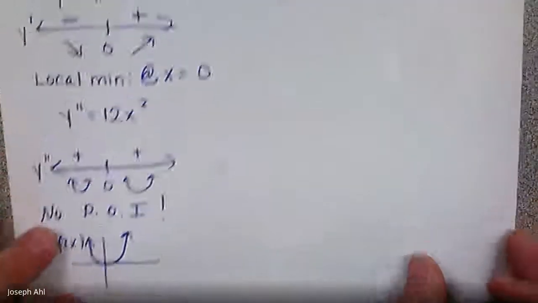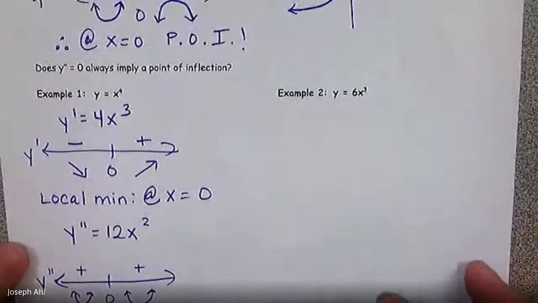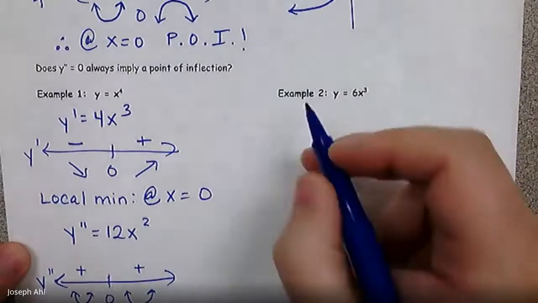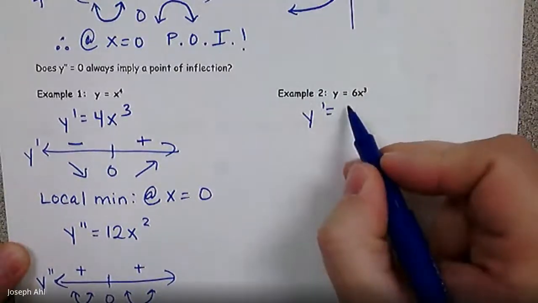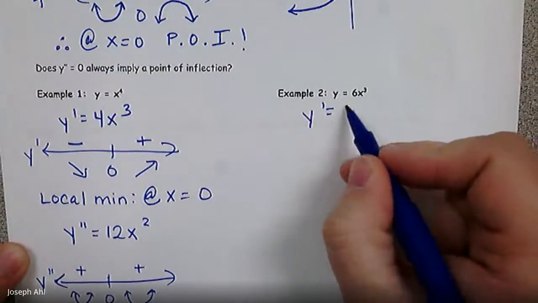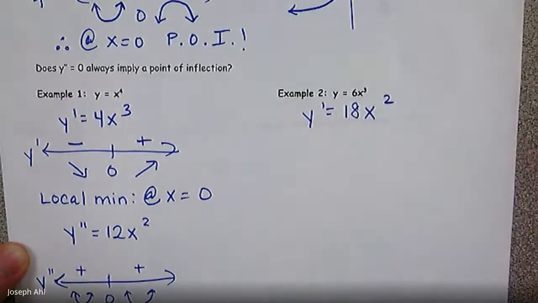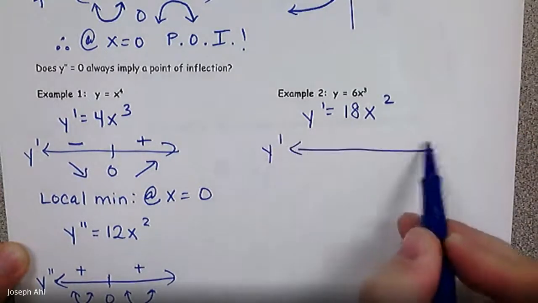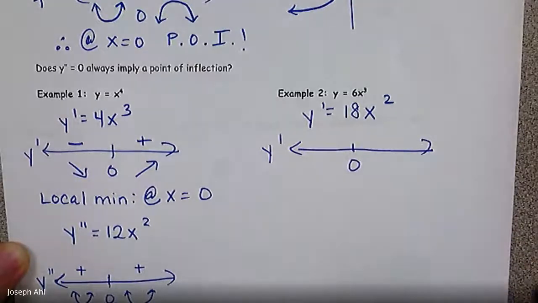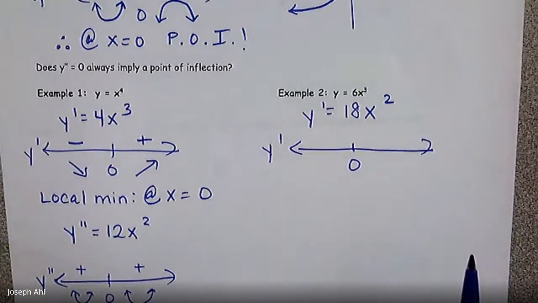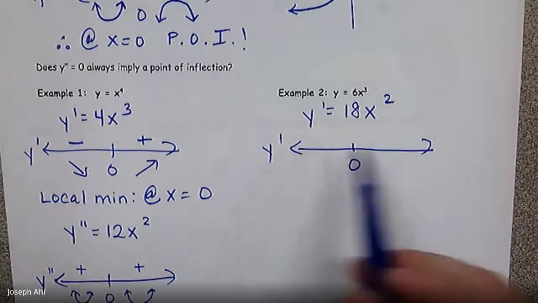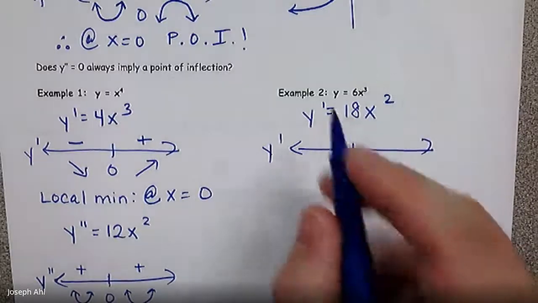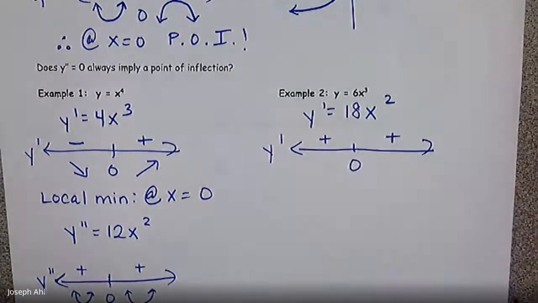All right, and for something like y equals 6x cubed, let's go ahead and find the first derivative. So y prime would equal 18x squared. If I set that equal to 0, we get 0 as the critical value. If I test something to the left of 0 and to the right of 0 in the function 18x squared, that's an always positive function.